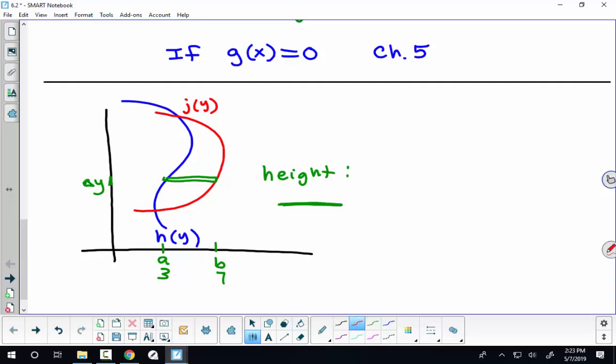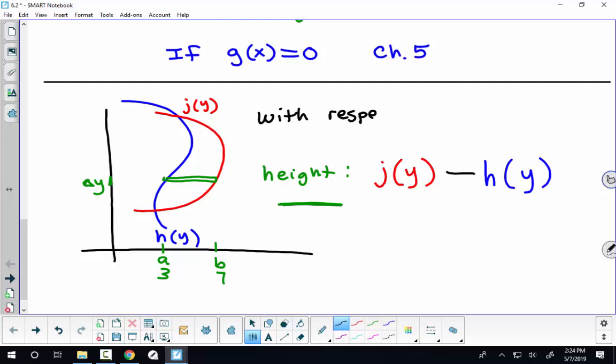So here we take the right function minus the left function. I guess we can go ahead and just put y in here. So when you're in this situation where you're integrating with respect to y, the height of each rectangle, you can think about it as the right function minus the left function.